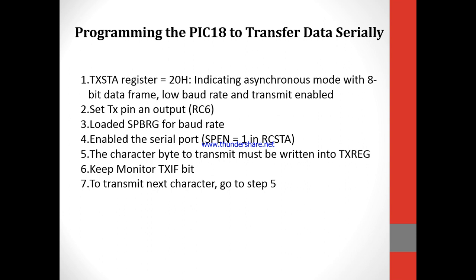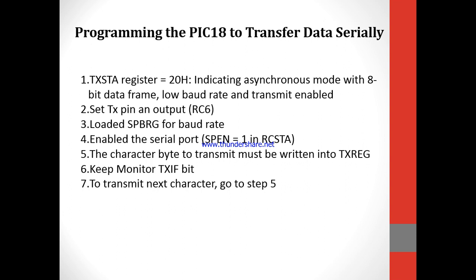The next step is to load the value for the baud rate into the SPBRG register. Next, you have to enable the serial port using the RCSTA register, and whatever value you want to send, you have to write into the TXREG. That is the next step.